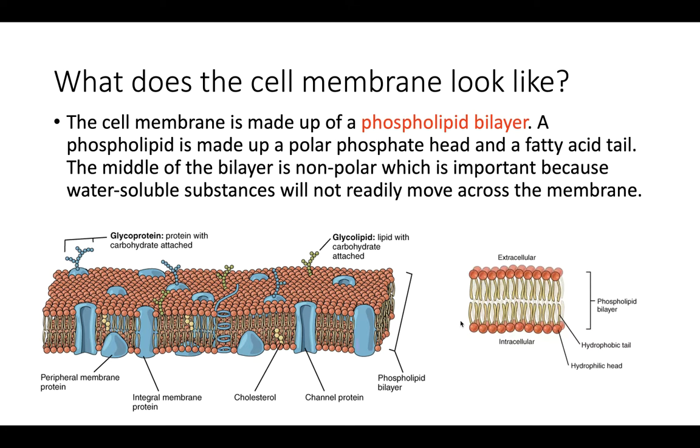Now, you also see all these different molecules that are sitting on top of and also inside the cell membrane. All of these different substances are going to be used in order to make sure that we can maintain that homeostasis.